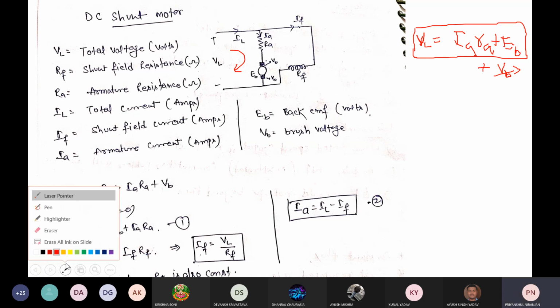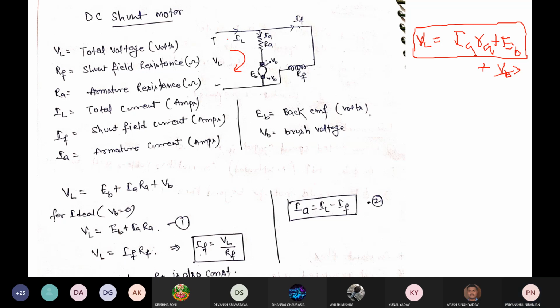So second one, apply KVL and KCL here and find out the VL in terms of the field winding. Please go ahead. टर्मिनल वोल्टेज एंड फील्ड वाइंडिंग के बीच में रिलेशन कैसे निकलेगा VL का?